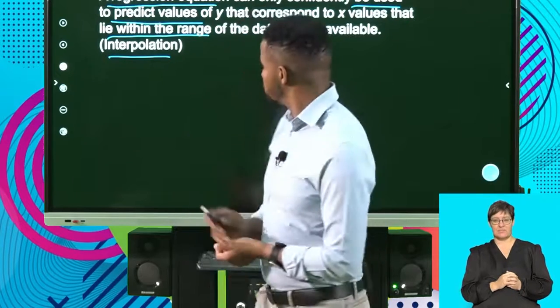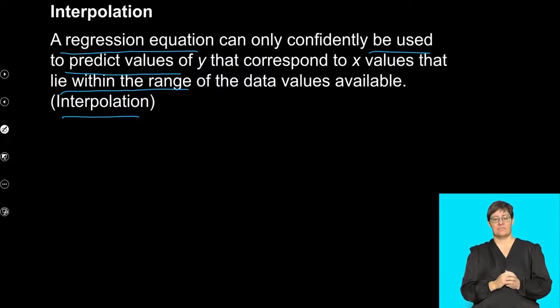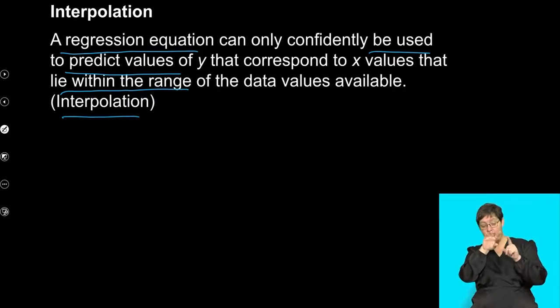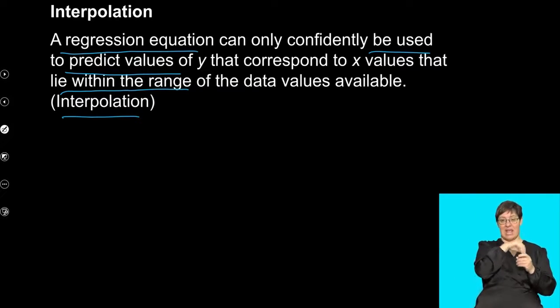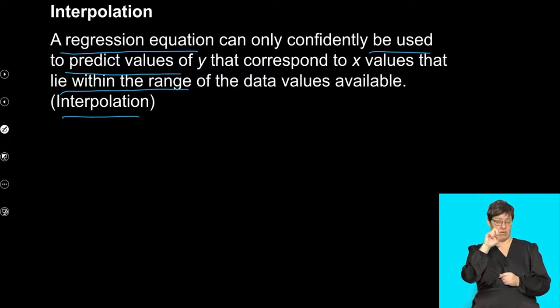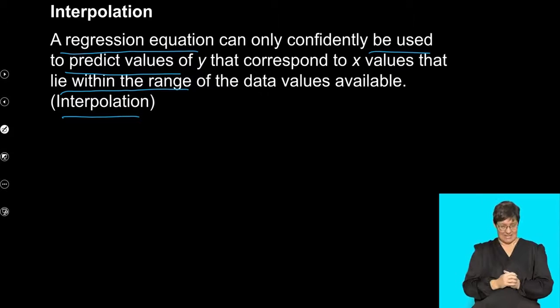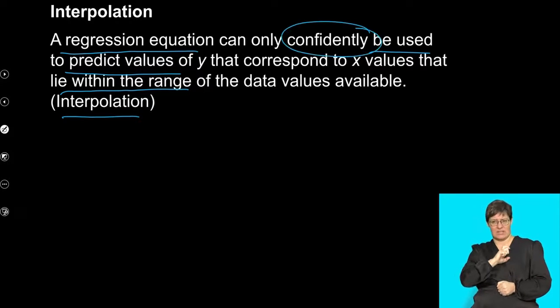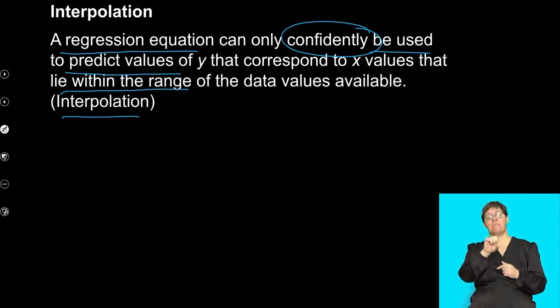So if we predict within the given data, we are interpolating. And that is what is important. With confidence, we can predict y if the data we have is within the range.